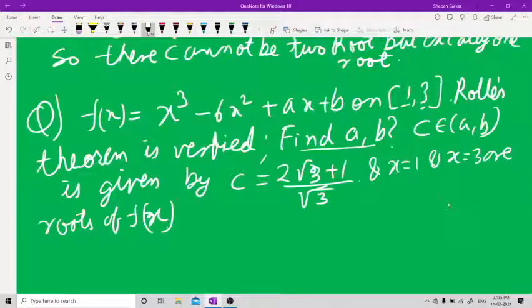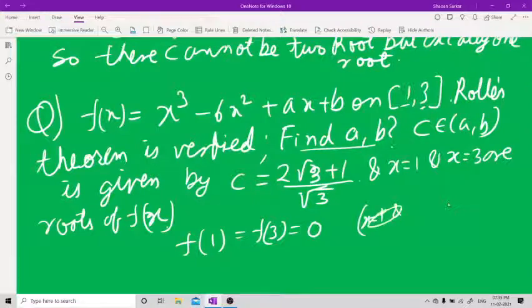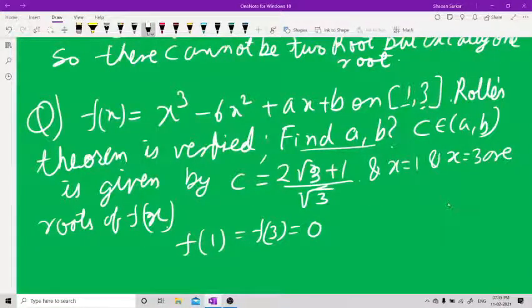Now, all the conditions of Rolle's are verified. We know f of 1 equal to f of 3, and they are roots, therefore 0. Wait a minute. देखो यहाँ पे एक एक्स्ट्रा डेटा क्वेश्चन में मिसिंग था, वो ये डेटा मिसिंग था.